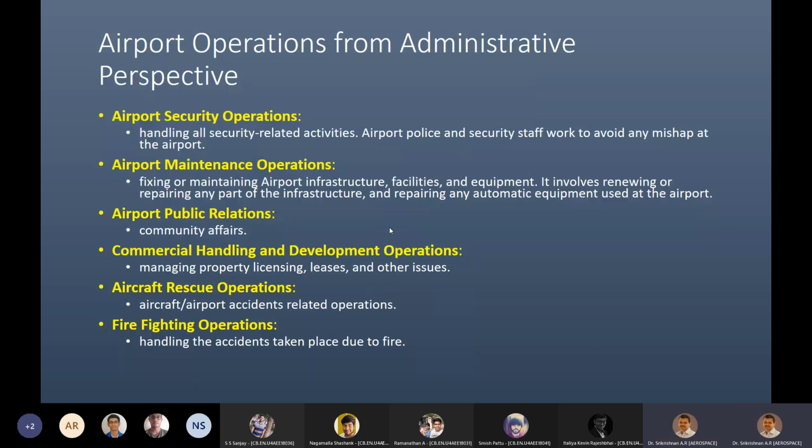So these are some of the operations which, from the administrative perspective, can be considered as divisions of an airport management organizational system. Any questions so far?